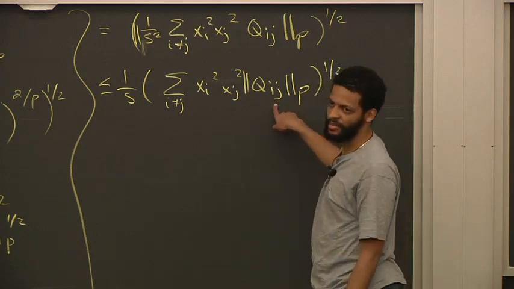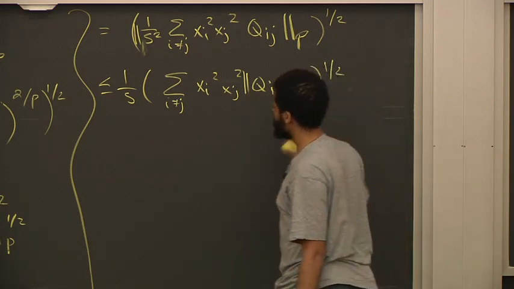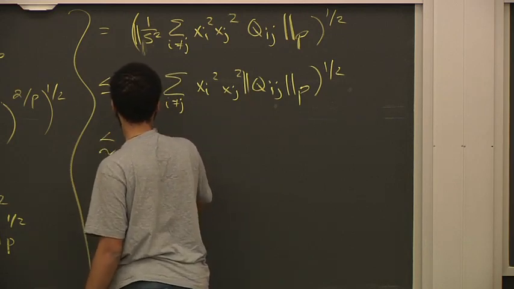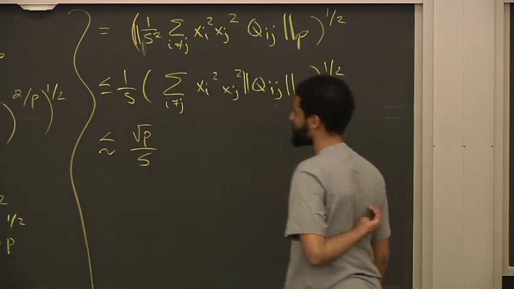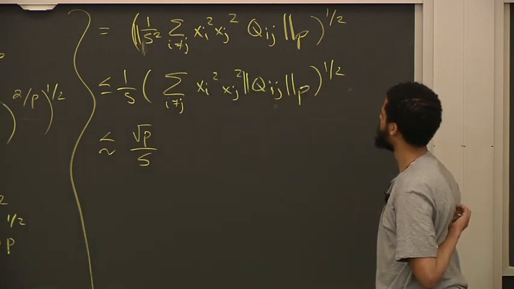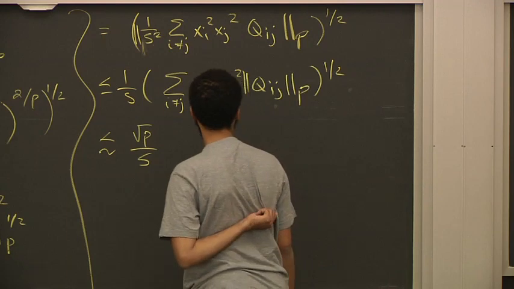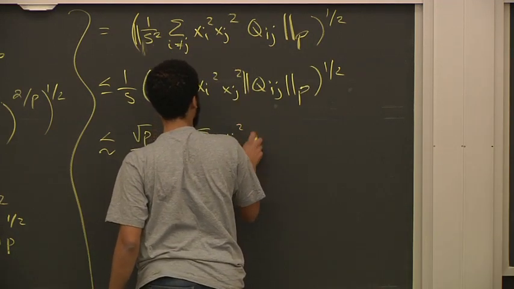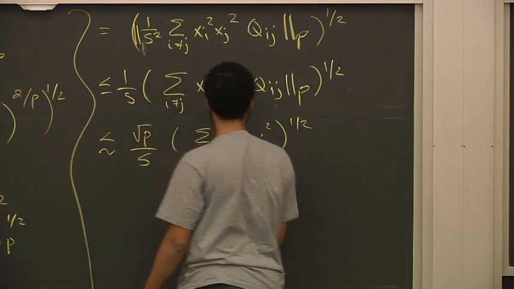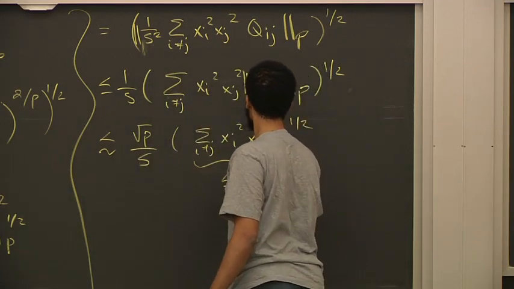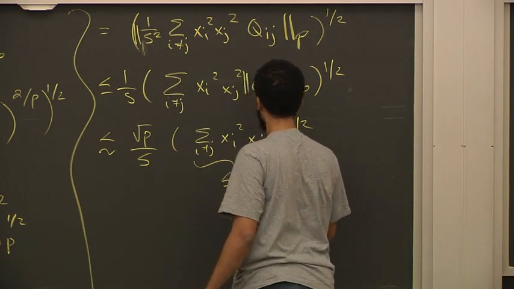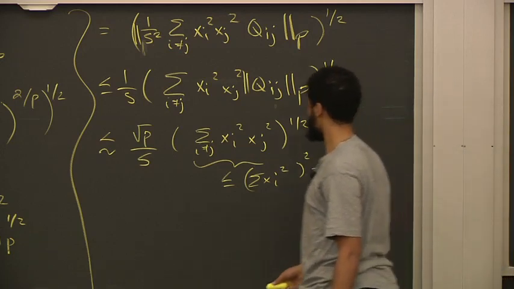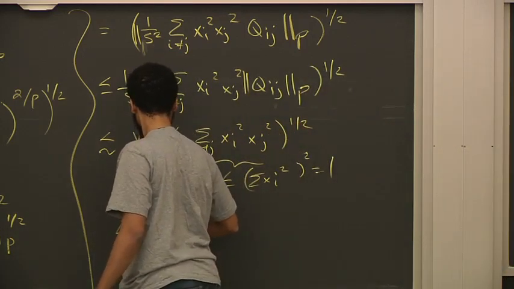But I said that this is at most p up to a constant, and there's a square root. So this is at most square root p over s, times the sum over i not equal to j of xi squared xj squared, to the 1/2. But this sum is at most the sum of xi squared, squared, which is 1. So this is at most root p over s.